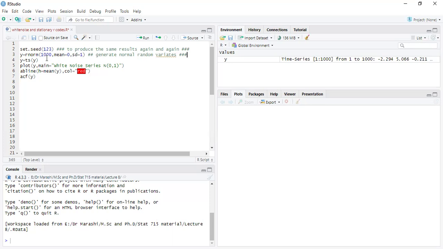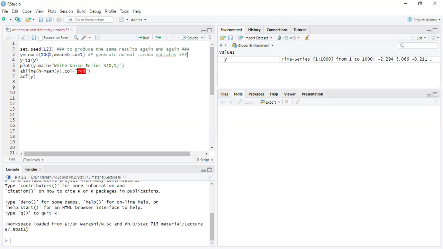This is how we generate random variates from a standard normal distribution or normal distribution. If it is 0 and 1, it is standard normal. Otherwise, we call it a normal distribution.